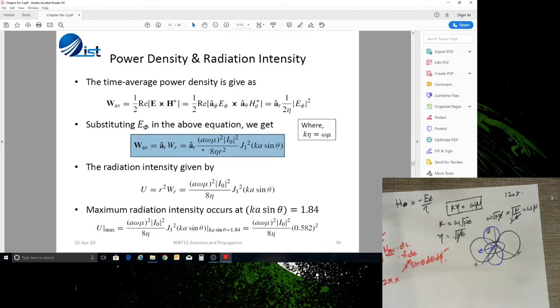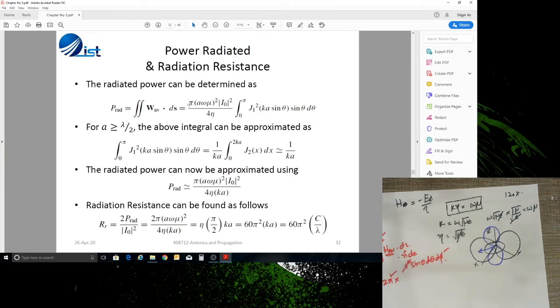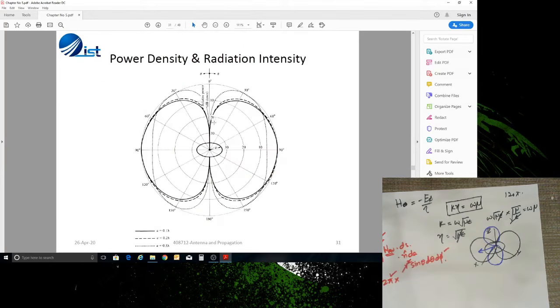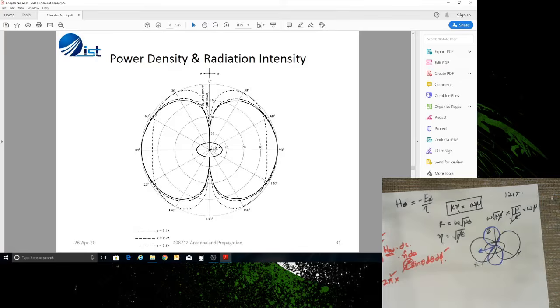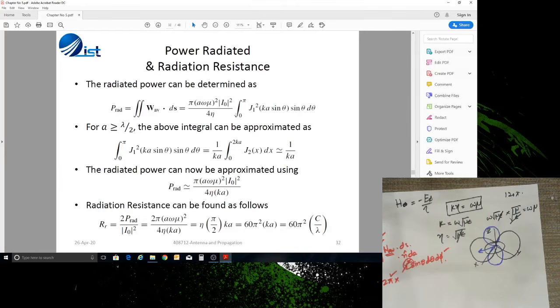So you will have a pi term in the numerator, and the 8 in the denominator will cancel down to 4. So we will get this expression over here. You have a pi in the numerator, and in the denominator 4 eta, since r square has cancelled with this r square. Then you have the rest of the expression as well. So this is the expression for P radiated.